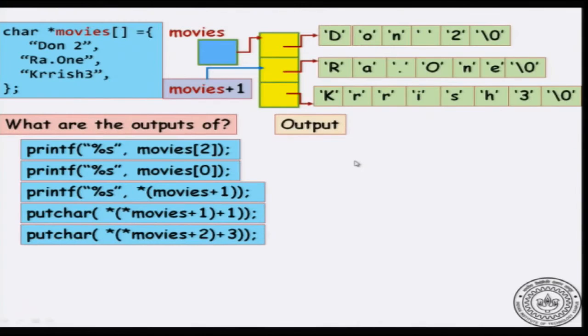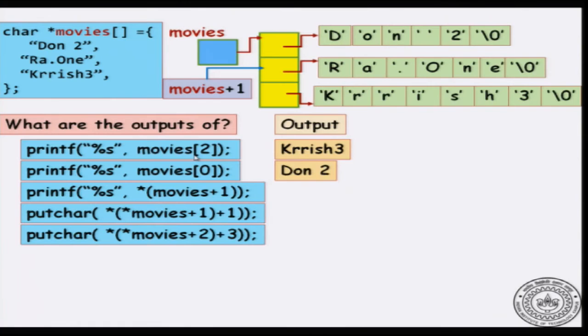So, let us look at this particular thing in detail, so that you get comfortable with it. Suppose you have that array, and I consider printf("%s", movies[2]). Movies[2] will be the third character array that is present in the structure. So, it will print Krish 3.